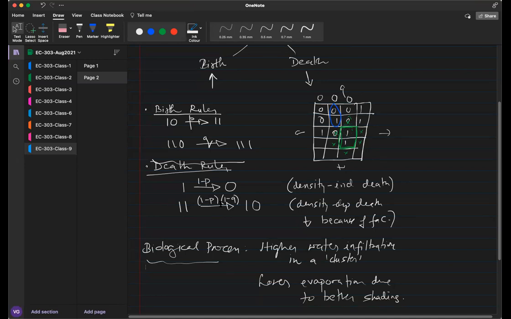We can do it in that way, except that instead of 2 parameters it becomes a 4 parameter model. So I'm trying to minimize the number of parameters in the model for algebraic simplicity, and I think you should also try out on your own.